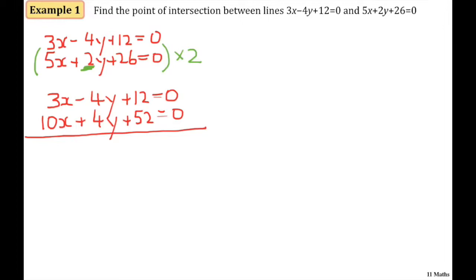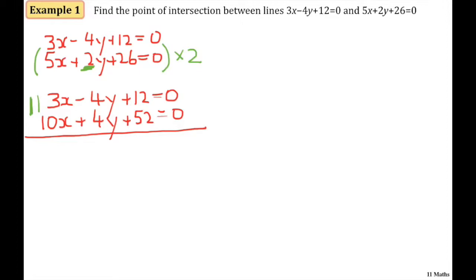So what I'm going to do now is make a decision. Do I add or do I subtract? Now the y terms, minus 4y and a plus 4y, they are different. When they're the same, I subtract. So if they're different, I'm going to add the equations.